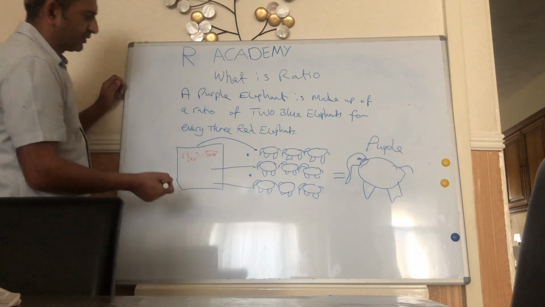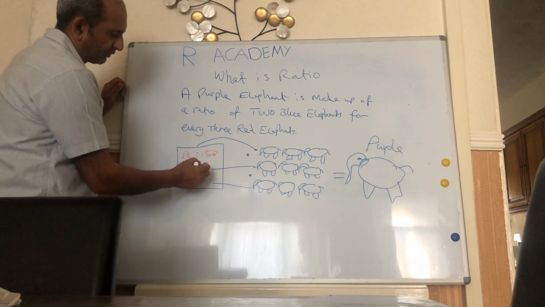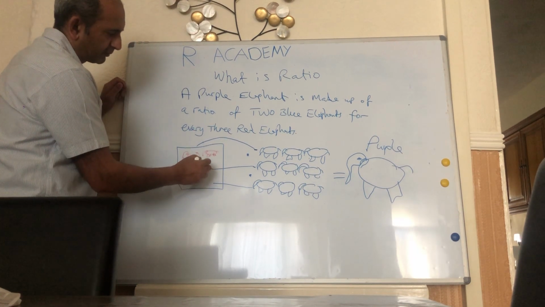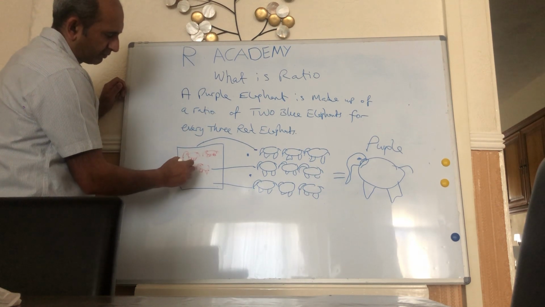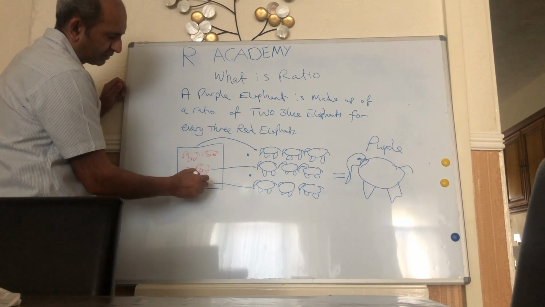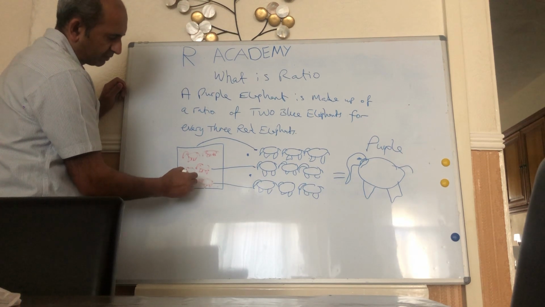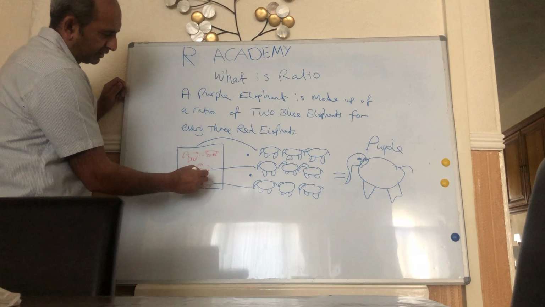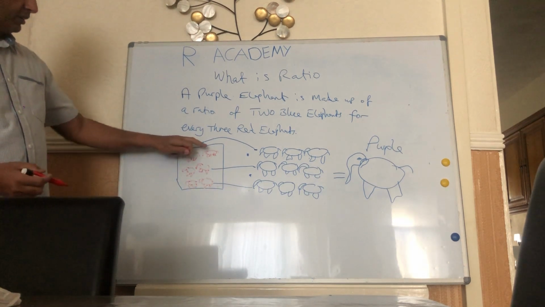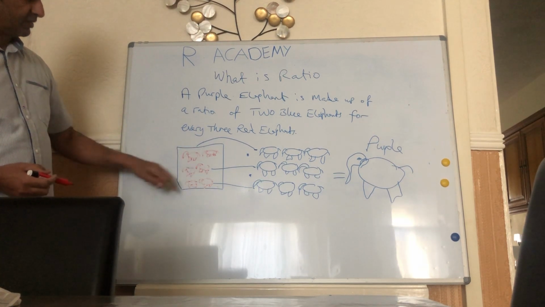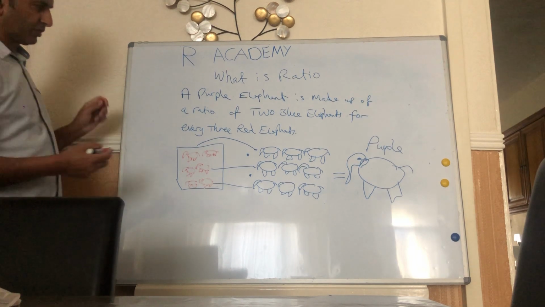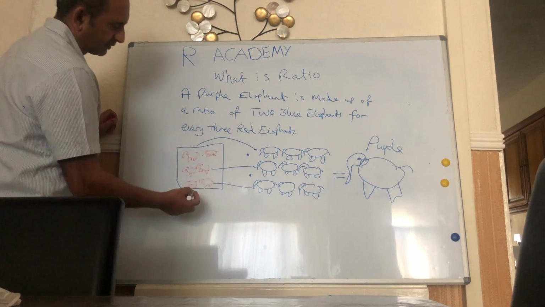Another 2 little elephants for that row. And another 2 little elephants for that row. So basically your answer is going to be 1, 2, 3, 4, 5, 6. 2, 4, 6.